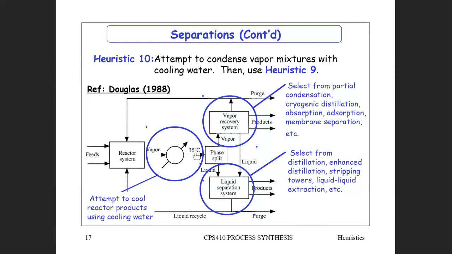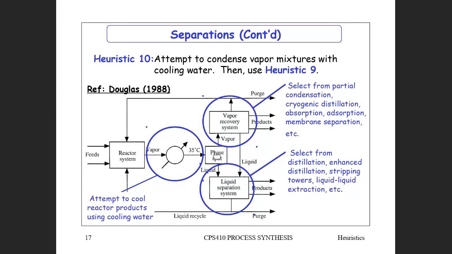So I've chosen to use 40 degrees C as the minimum temperature you can go down to using cooling water. In other words, cooling water in a typical cooling tower will go down to 30 degrees C, and therefore, with a 10 degrees C delta T min difference in this heat exchanger, we can get a process stream down to 40 degrees C.